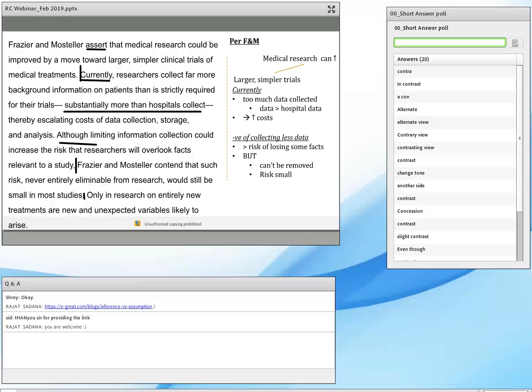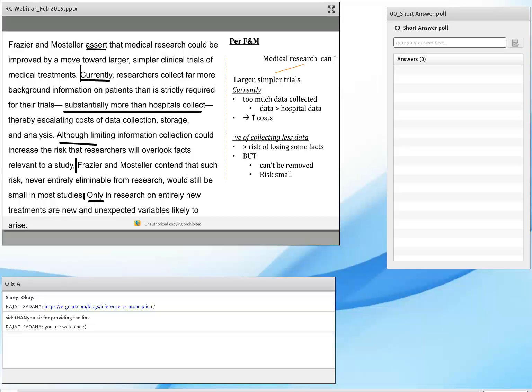Then, what does the word only mean? Whenever you see the word only, why should you worry about it? Yes, it's a restriction, that's really good. Only means a restriction.